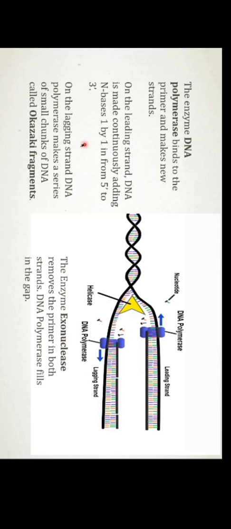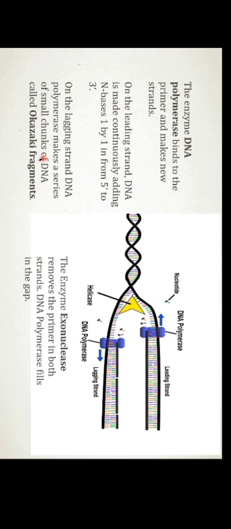And your enzyme exonuclease, class, they are the one. Okay, so the enzyme exonuclease removes the primer from both strands. So there is a primer in the leading strand, and there are also several primers in the lagging strand.